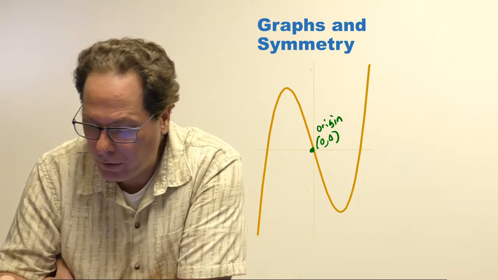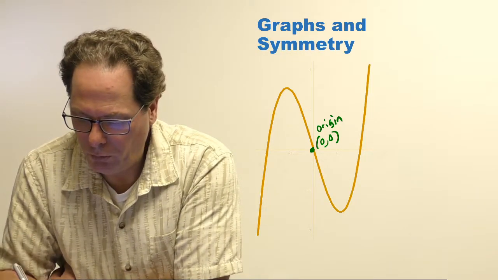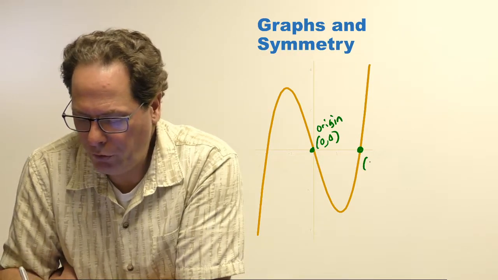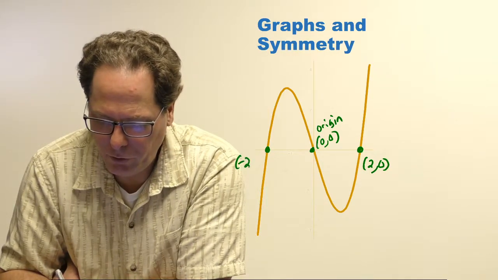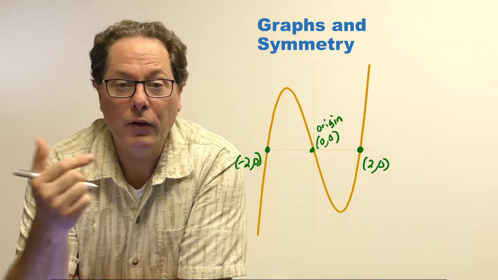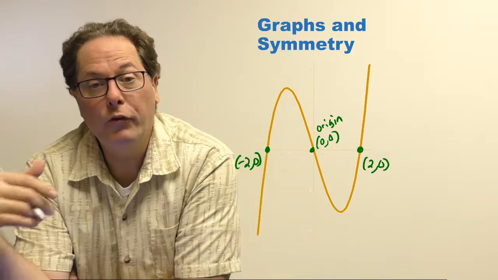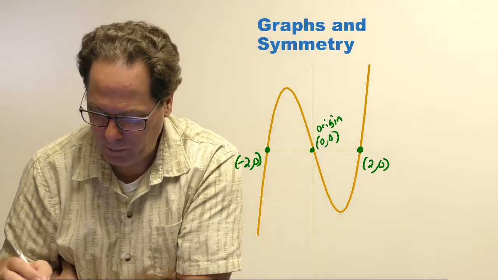For instance, here's an obvious one real quick. If you put in (2, 0), the mirror point is over here at (-2, 0). Now, that also looks like it's symmetric about the y-axis. And what origin symmetry really is, it's symmetric about the x and y at the same time.